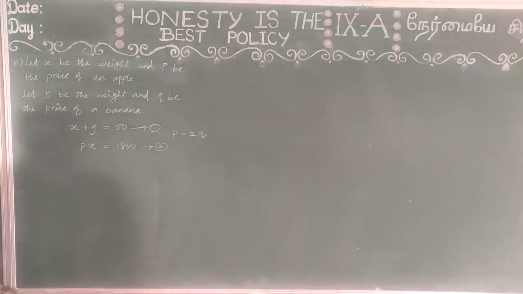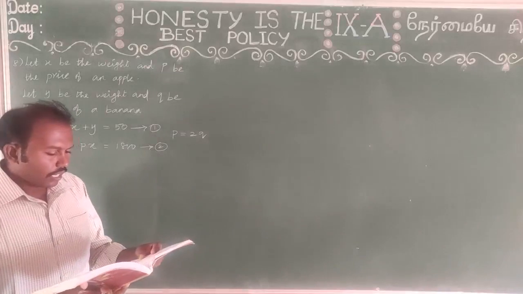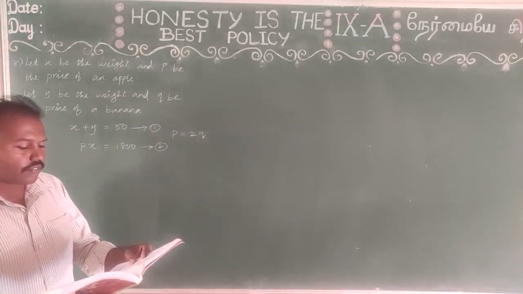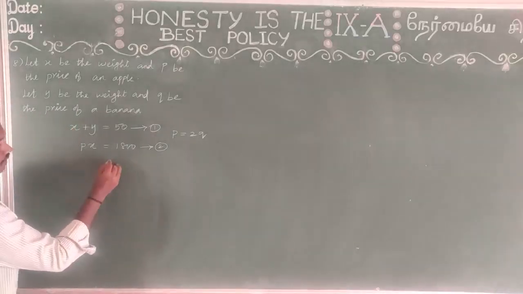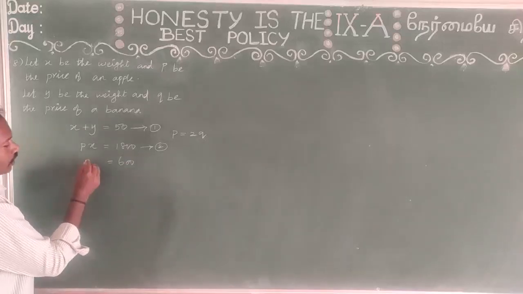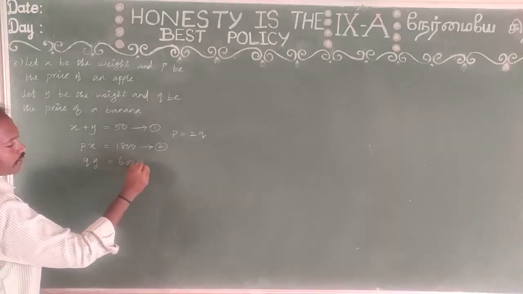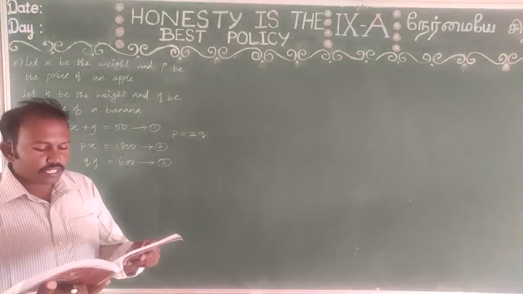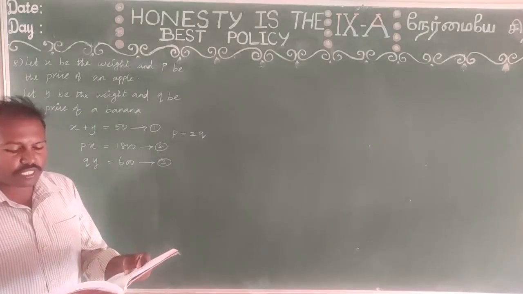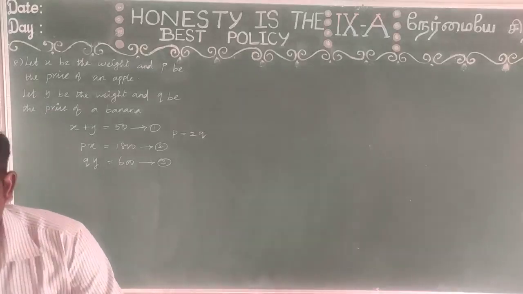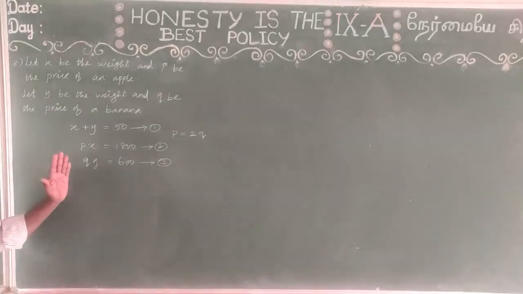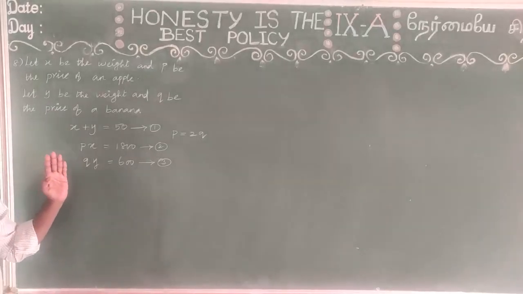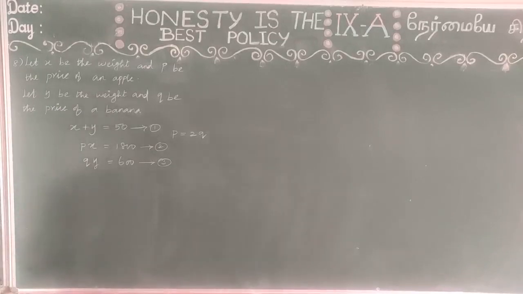Next one, and rupees 600 worth of bananas. That is qy. That is equation number 3. Then how many kgs of each fruit did she buy? They are asking how many kg of each fruit she bought.